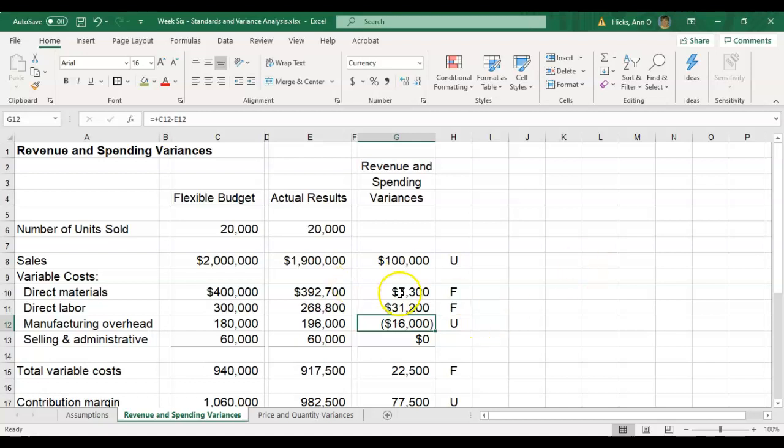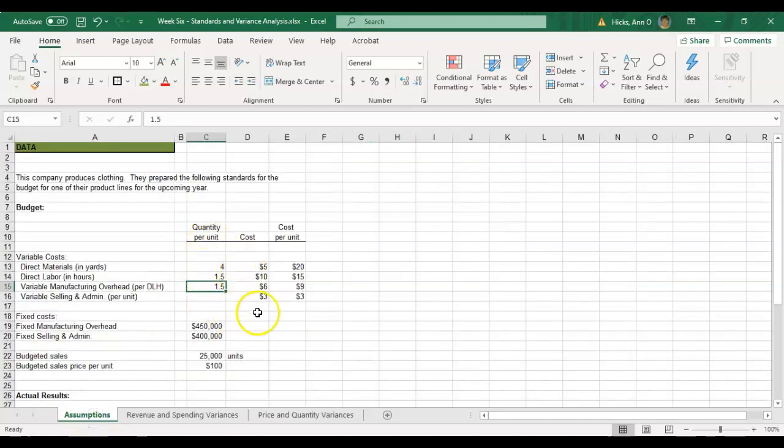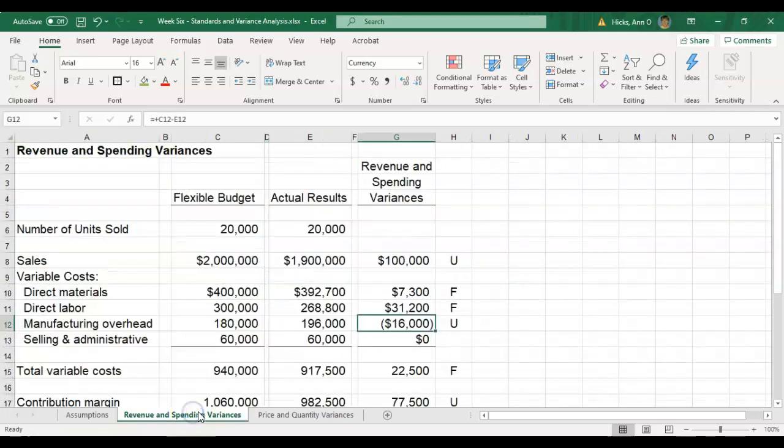What we're in essence going to be doing with these, again, is taking a look at how much of the contributing factor to this variance is because we used something other than 4 yards per unit, and how much is due to the fact that we paid a different cost per yard than $5.